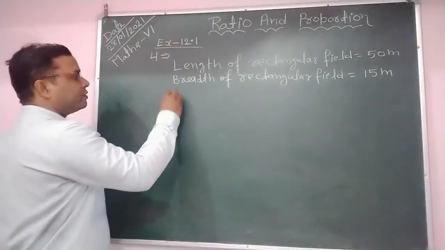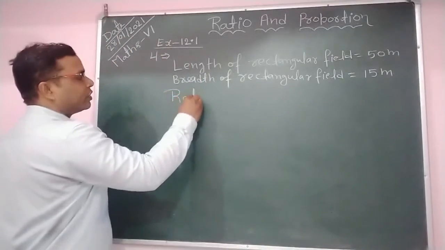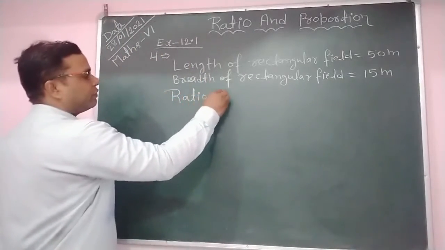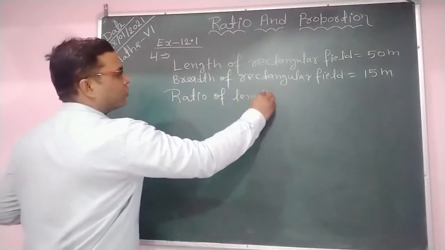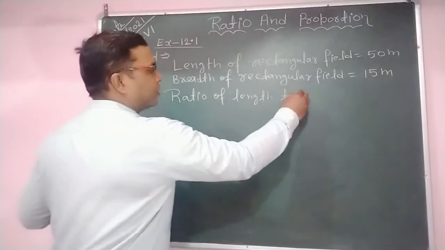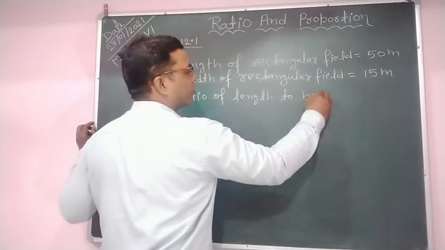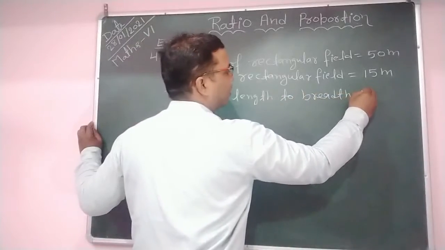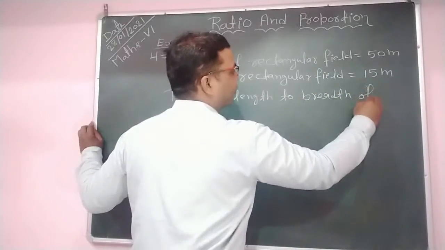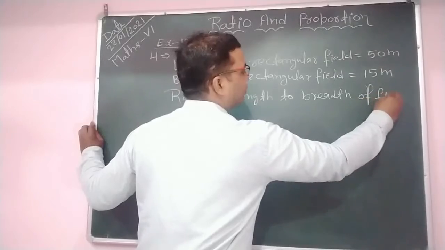So here we write the ratio of length to breadth of a rectangular field. This is equal to what?